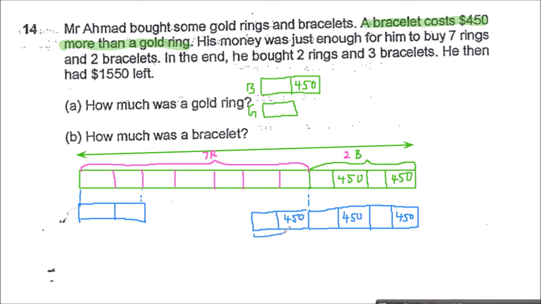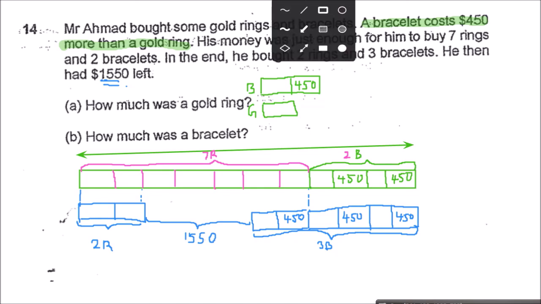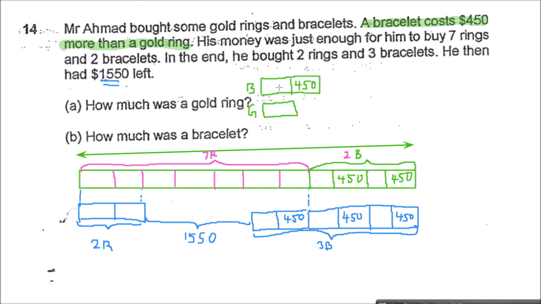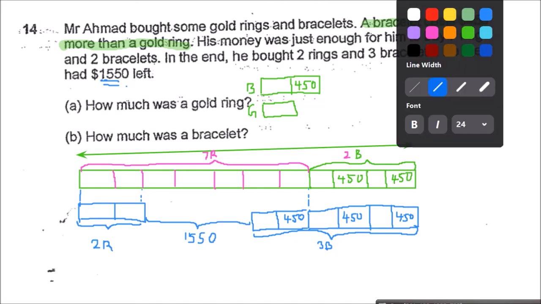Okay, so can you see that these are the 3 bracelet that he bought, and this is the 2 rings, and he has an amount that is left, which is $1,550. So this is actually 1550.